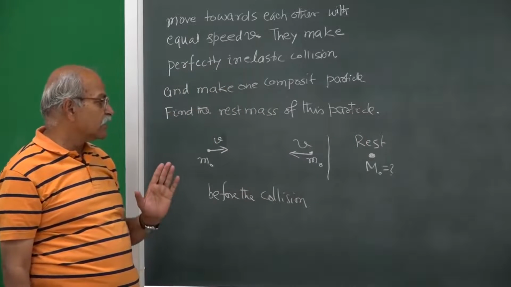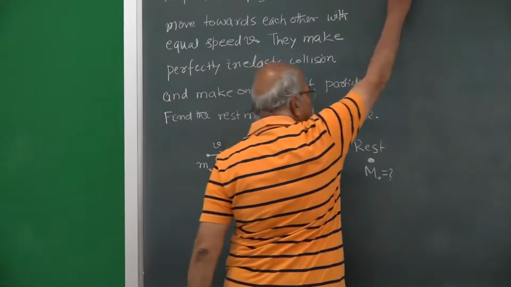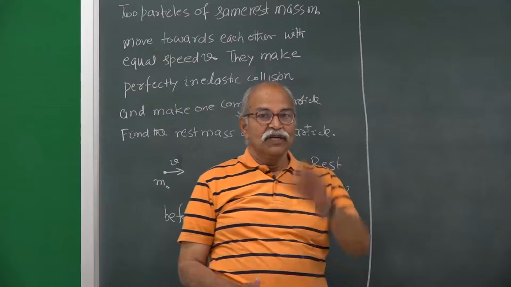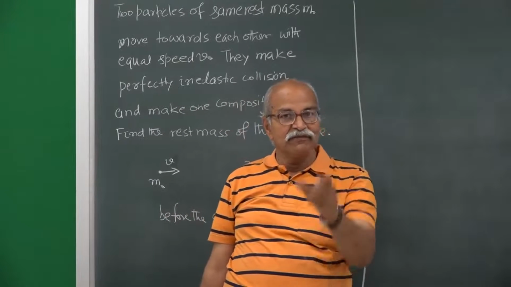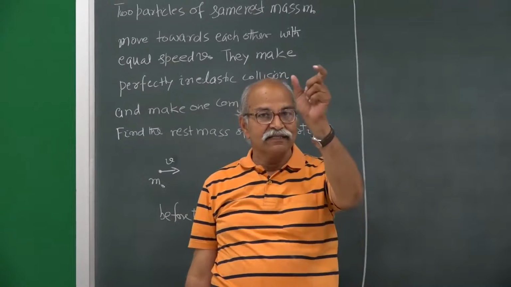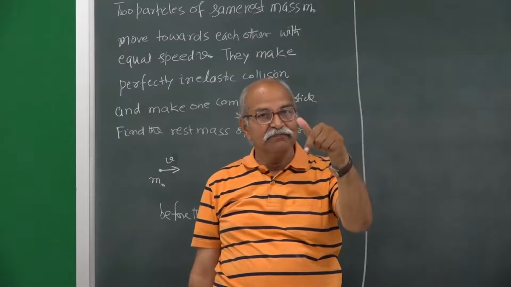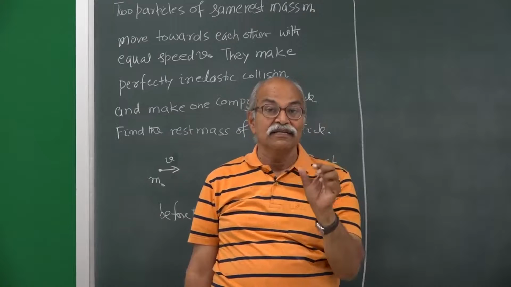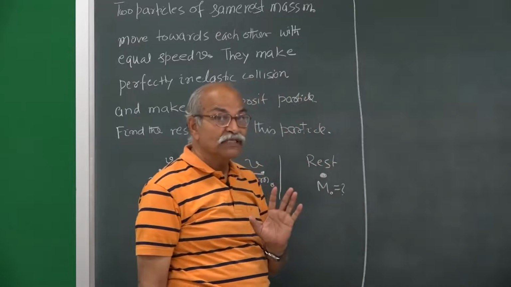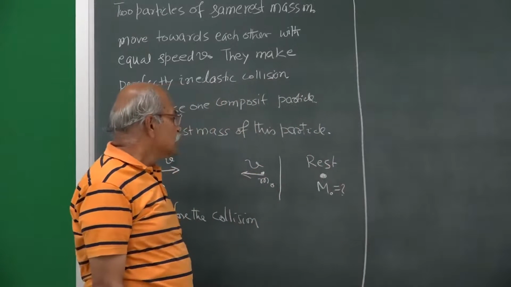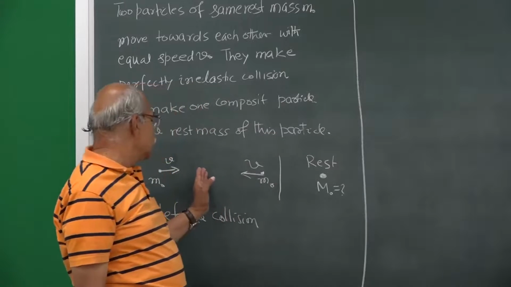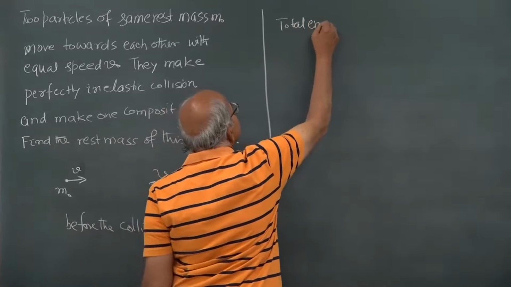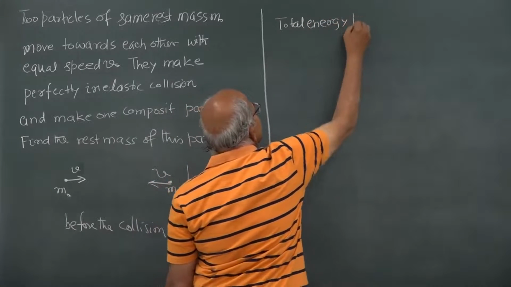And now, let us apply energy conservation. Which energy? Total energy. You have energy and momentum as one 4 vector: E by c, and then Px, Py, Pz. They are separately conserved if no external forces act on the system. So total energy should be conserved, and here you can write the total energy before the collision.